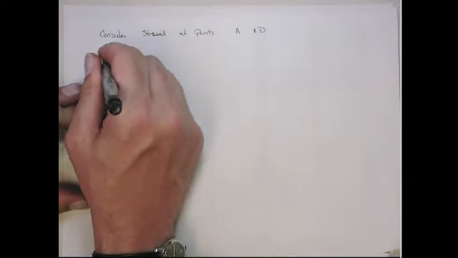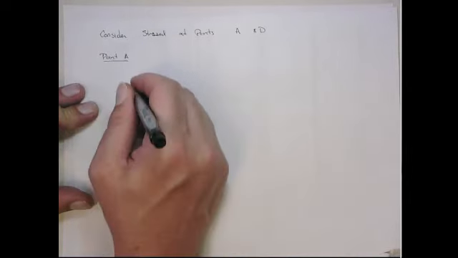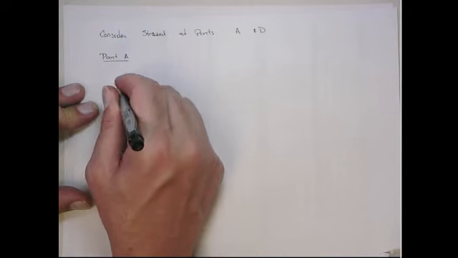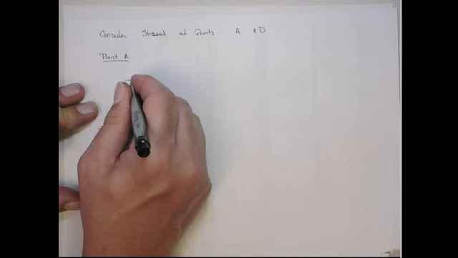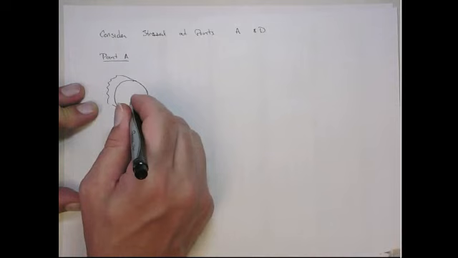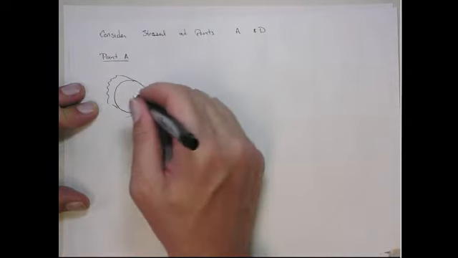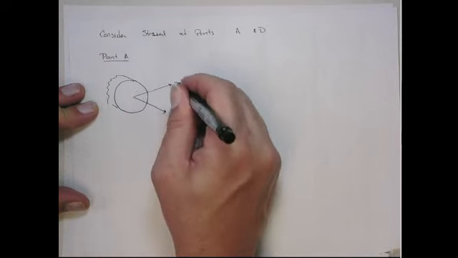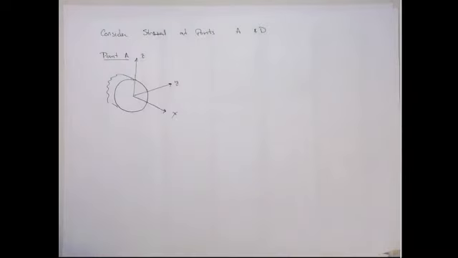So let's first look at A. So this is A. Okay, so here's the cross section. And here's the shaft going down. So this is the x-axis. This is the y-axis. And this is the z-axis, okay?